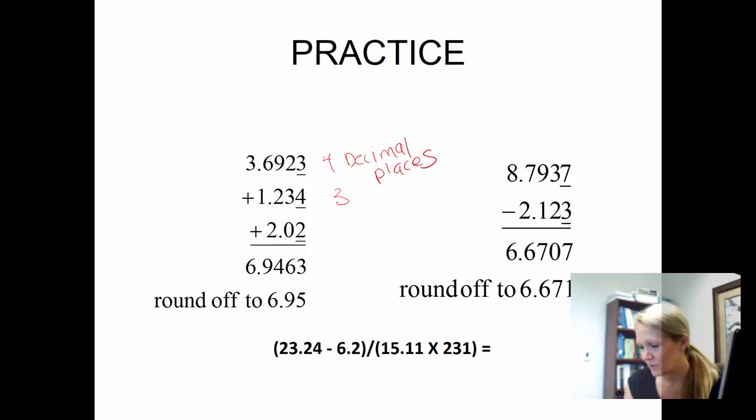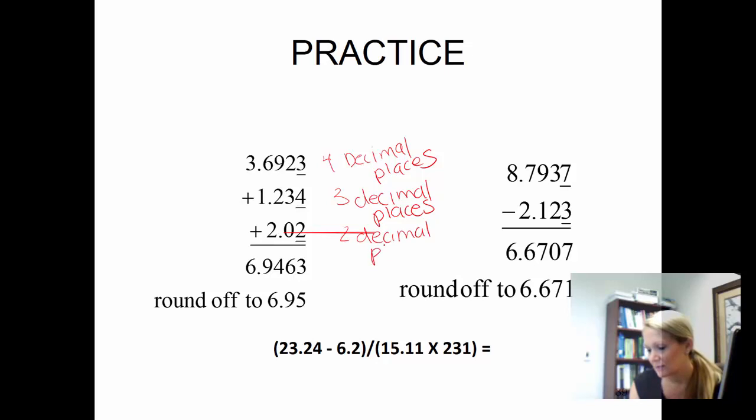Here I have 3 decimal places, out to the 1000th place, and here I have 2 decimal places. So the fewest of the decimal places would be 2, so I'm going to have to round my number to where it has 2 decimal places, so that would be to the 100th place.